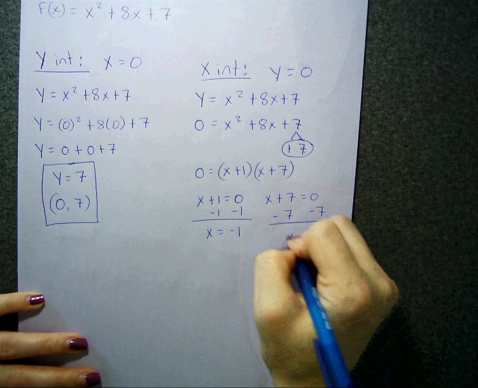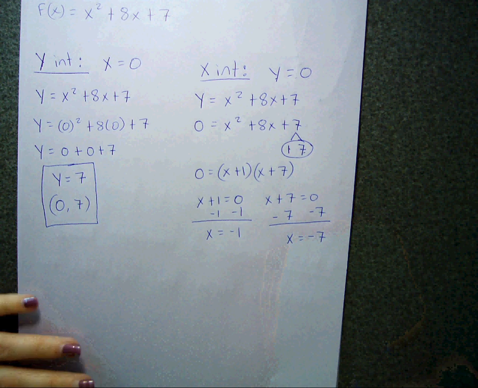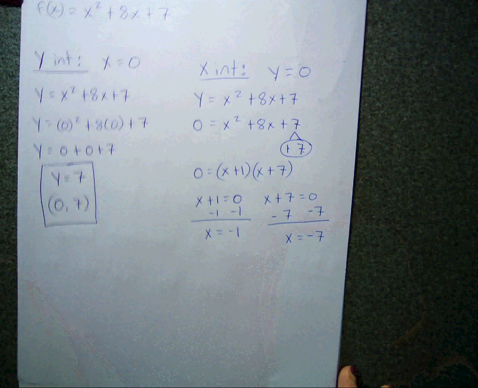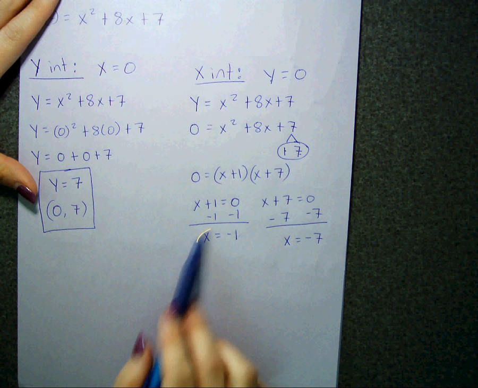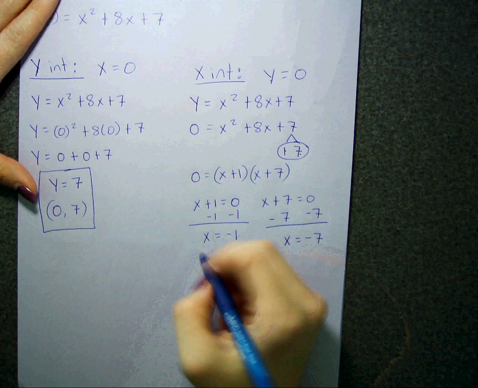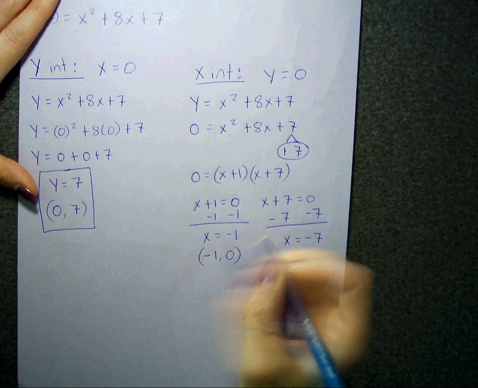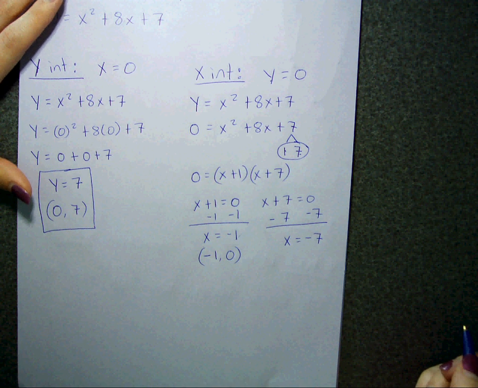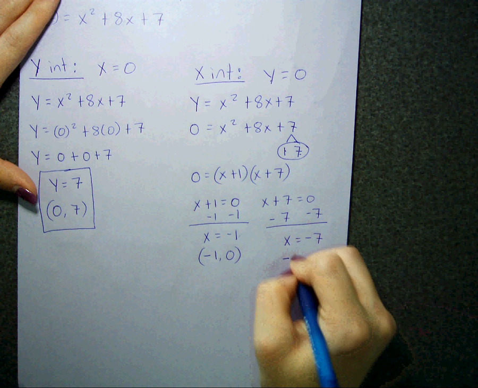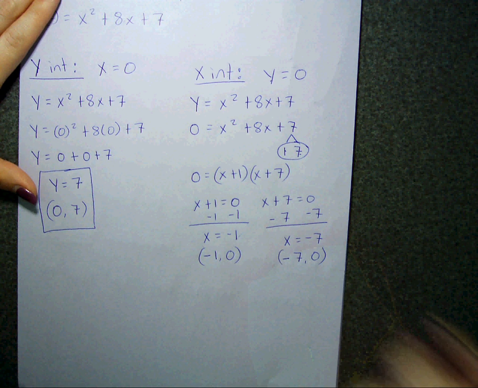So I get x is equal to negative 7. So the parabola crosses the x-axis in 2 different places. It crosses when x is equal to negative 1 at the point (negative 1, 0). And it crosses the x-axis when x is equal to negative 7 at the point (negative 7, 0).